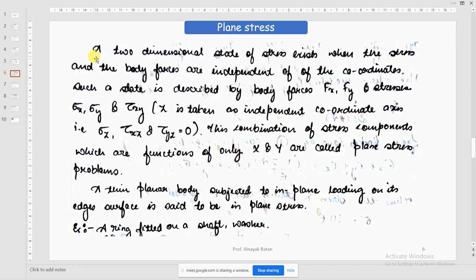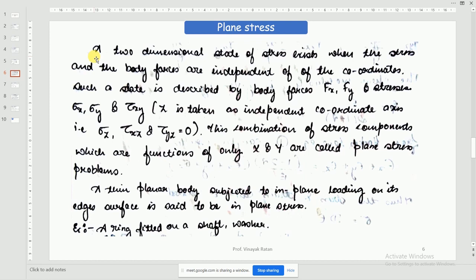Sigma z is equal to 0, then tau xz will be equal to 0, and tau yz also will be equal to 0. So this combination of stress components, which are functions of only two coordinates, either x and y, yz, or xz, any two coordinates, such problems are called plane stress problems.